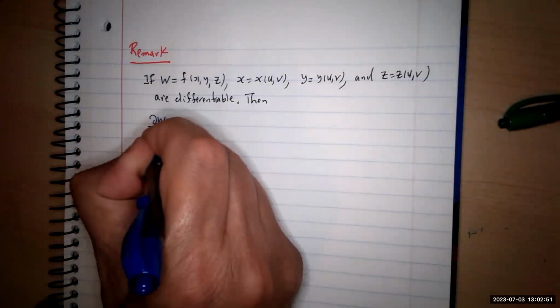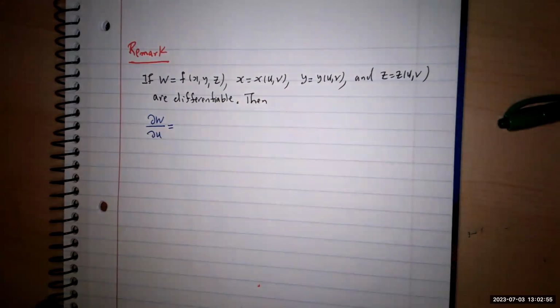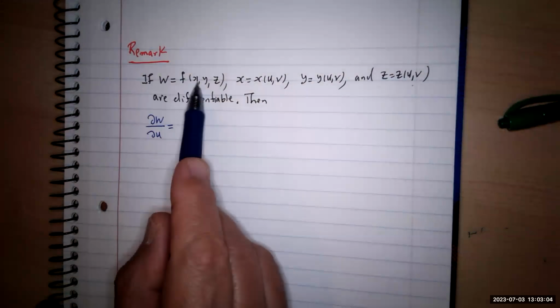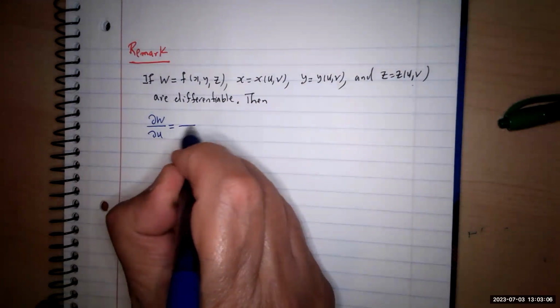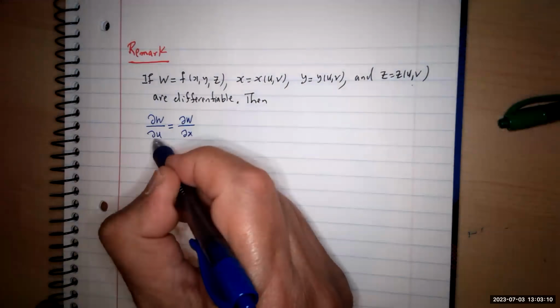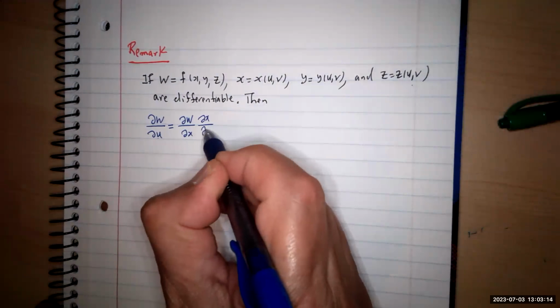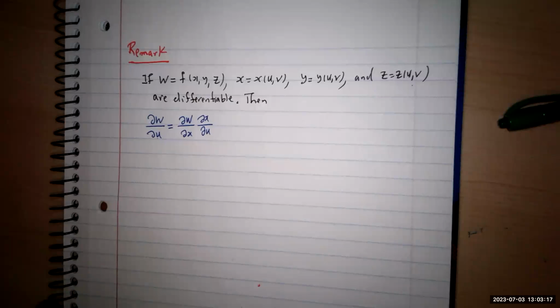Derivative of W with respect to u. This is the way we do it. Chain rule: outside, inside. W is a function of x, so the derivative of the outside would be round w round x. But x is a function of u, so it's going to be round x round u. That's the first one.